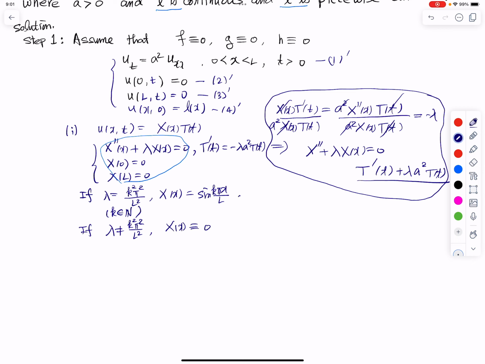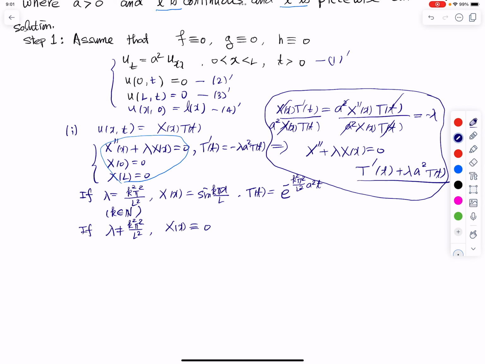At the same time, T(t) should be, removing the constant, exponential of minus k squared pi squared divided by L squared a squared t.